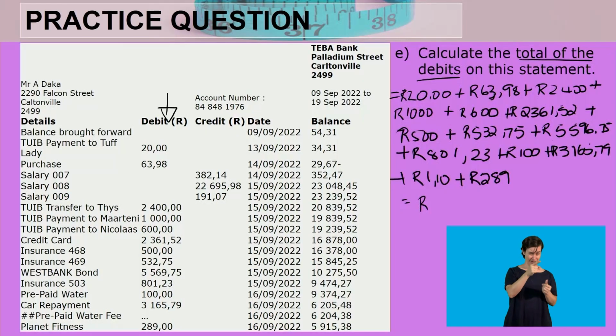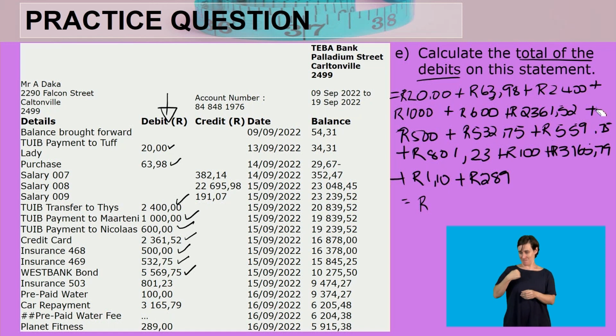So now firstly, we have our 20 rand, 63 rand 98 cents, we have 2,400, we have 1,000, we have 600, 2,361 rand 52. Then we have 500, we have 532 rand 75 cents, and then we have 5,569. So now here it appears that I made a mistake.